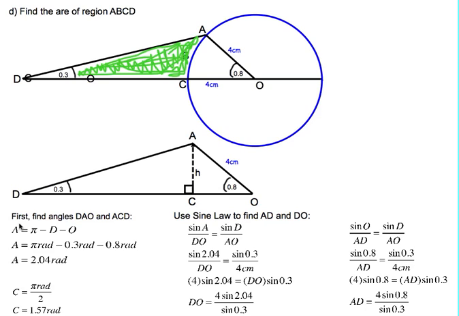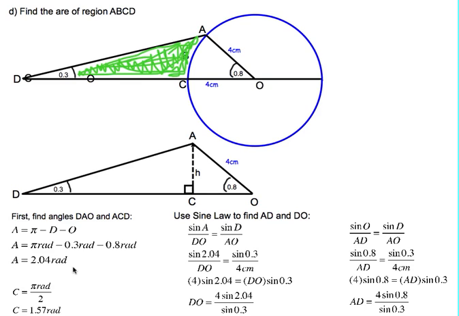So starting off, we know that angle A is equal to pi, which is 180 degrees in radians, so it's pi minus D minus O. We know that D is 0.3 radians and that O is 0.8 radians. So when we do pi minus 0.3 minus 0.8, we find that A is equal to 2.04 radians.